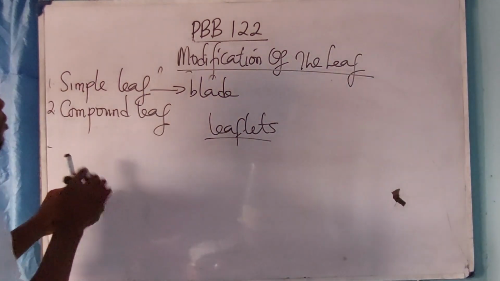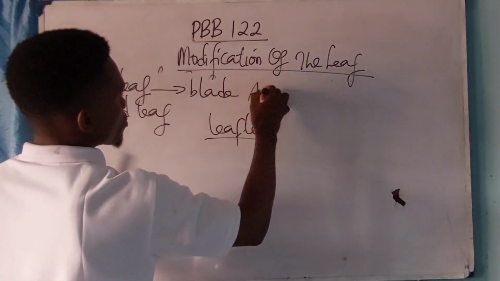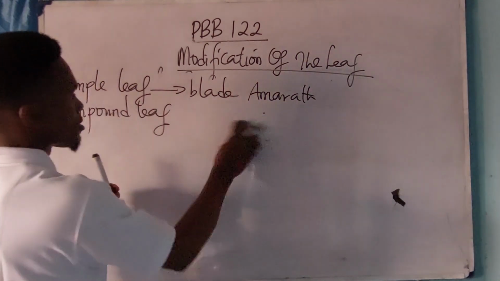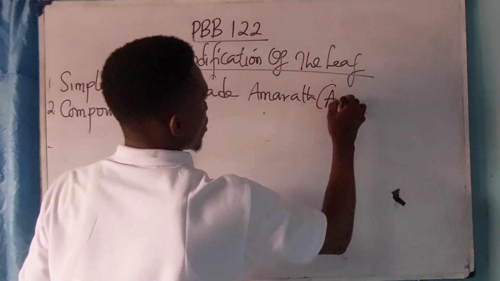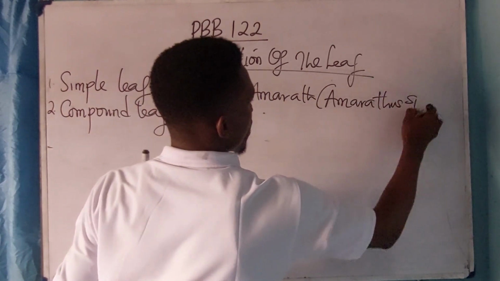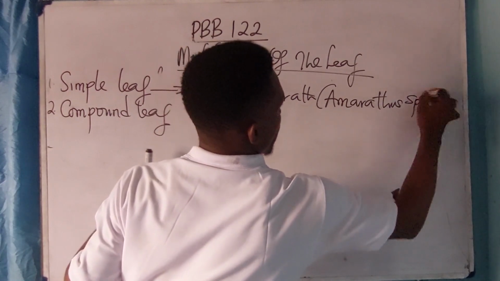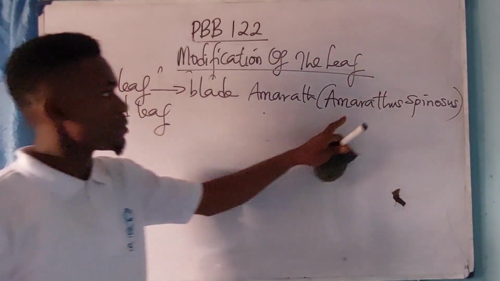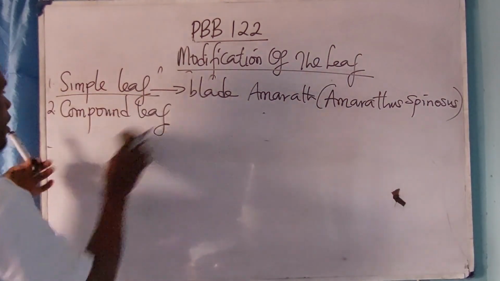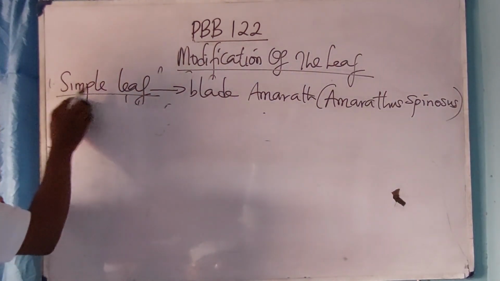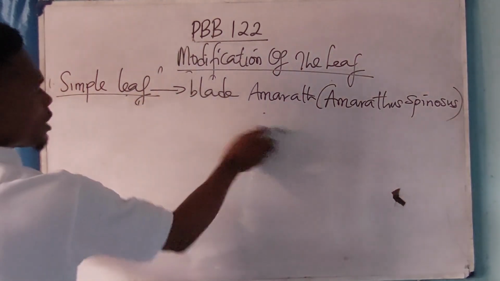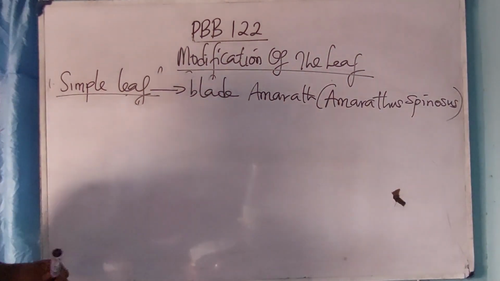Example of such plants is amaranthus, called Amaranthus spinosus. Please, Amaranthus spinosus possesses a simple leaf. Take note of that. Before we analyze the compound leaf, I'm going to be taking it in the next video, but I'm going to be telling you everything about the simple leaf.